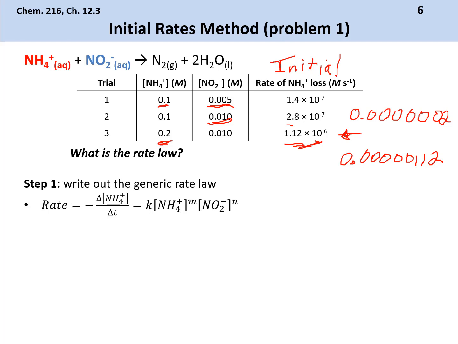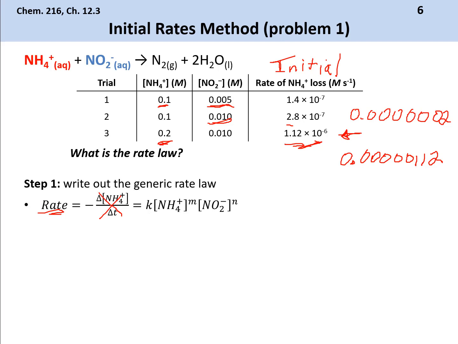The rate equals negative delta NH4+ over delta t. We don't really need that right now. But the rate equals k, my rate constant, times NH4+ to some order, times NO2- to some order.